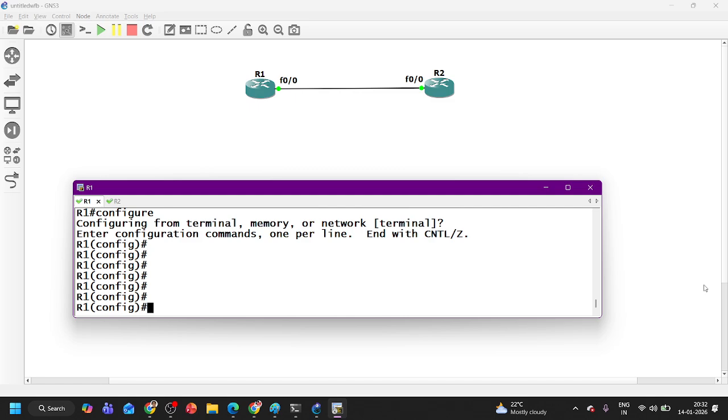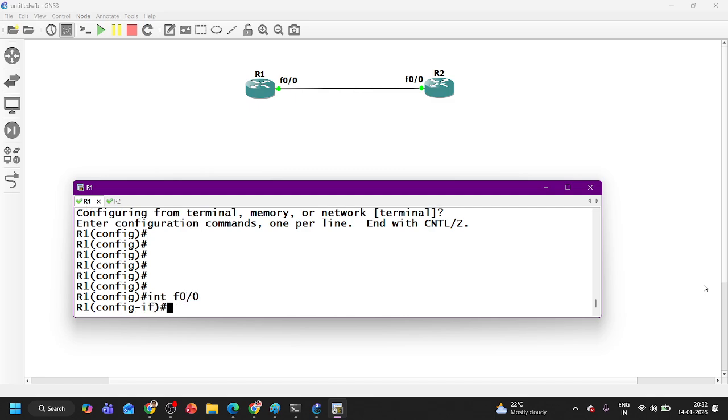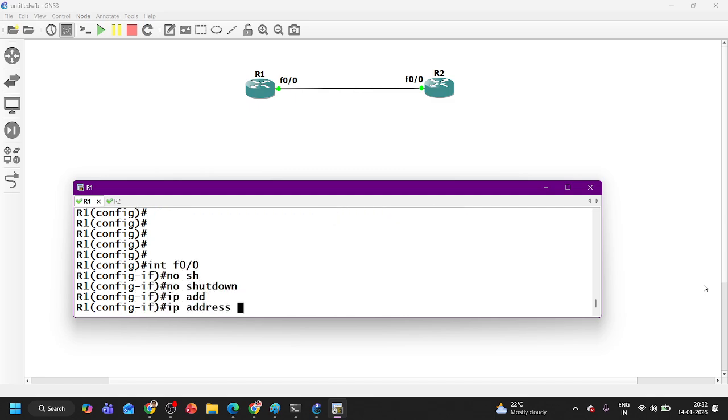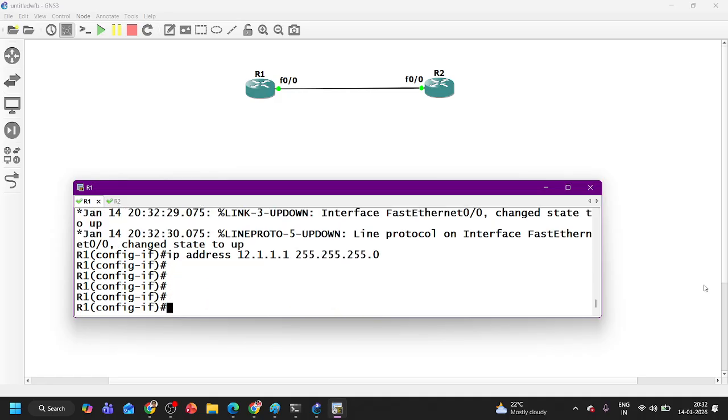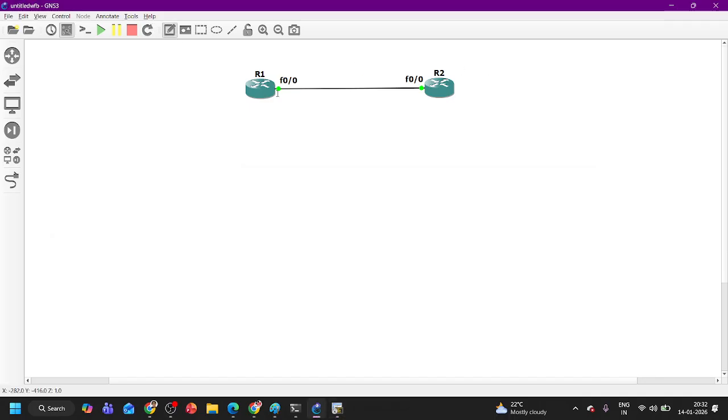Okay, so interface F0/0, no shutdown, IP address 12.1.1.1 255.255.255.0. Right now if you check this interface, here my IP address is 12.1.1.1, and here my IP address is 12.1.1.2.